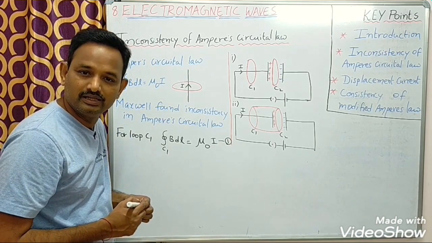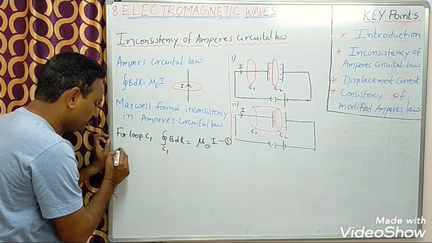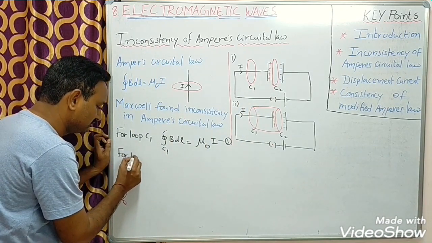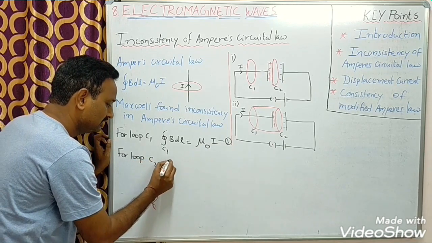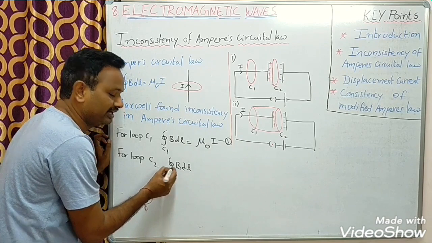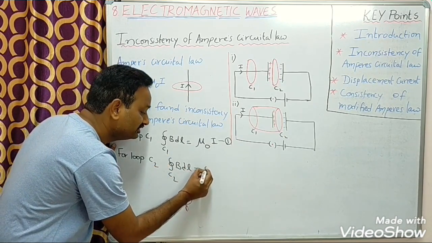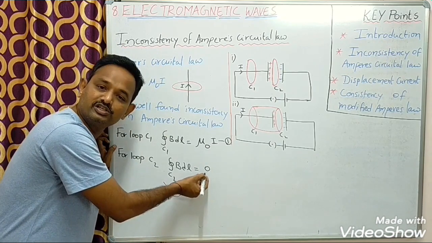Now he applied Ampere's circuital law for loop C2. For loop C2, the line integral of magnetic field over a closed loop C2 is equal to 0. Why did we get 0?